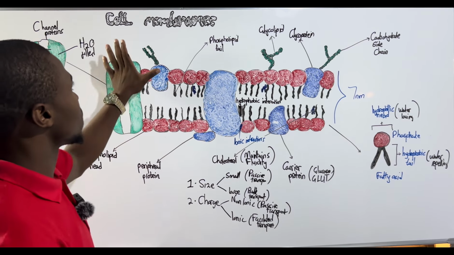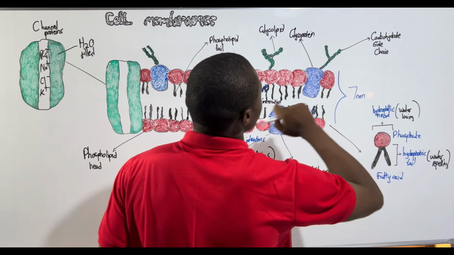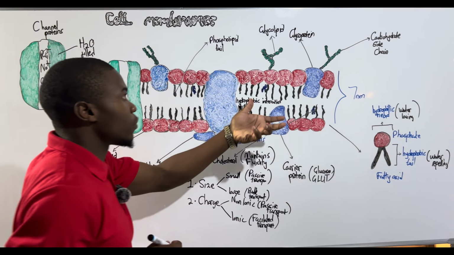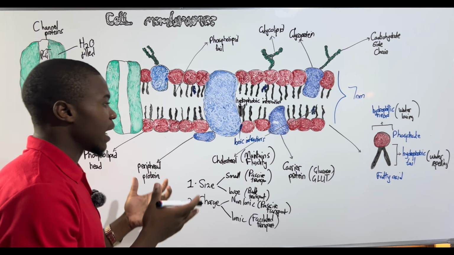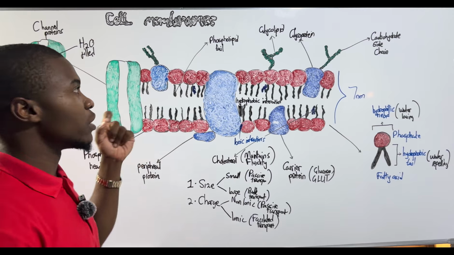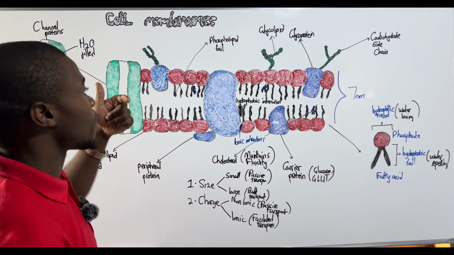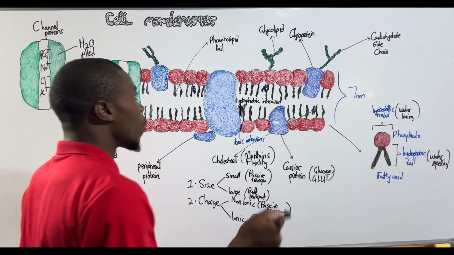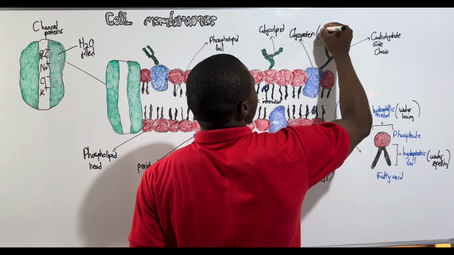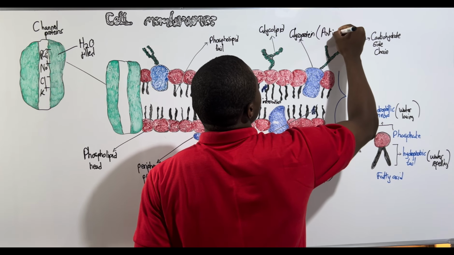Again, the next function is called recognition. If you see these structures like this carbohydrate side chain, which is the glycoprotein, these carbohydrate side chains enable recognition of the cell as part of the tissue or part of the body system, which we call antigens. So these are acting as antigens.